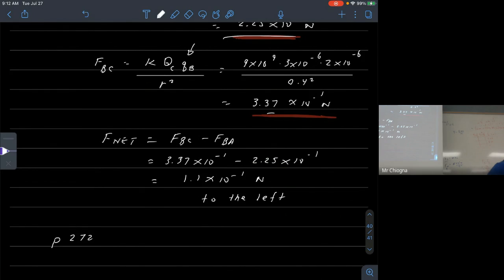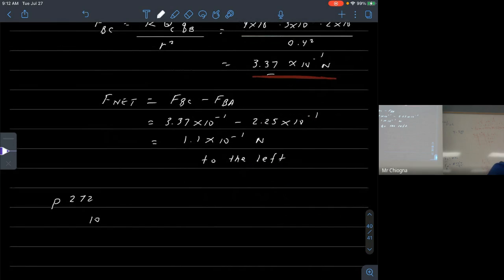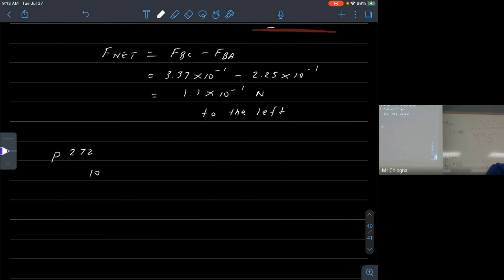Try number 10 out. We'll go over that together. See if you can get it. Remember, I'll just draw them out here. That's your Q1, and this is your Q2.